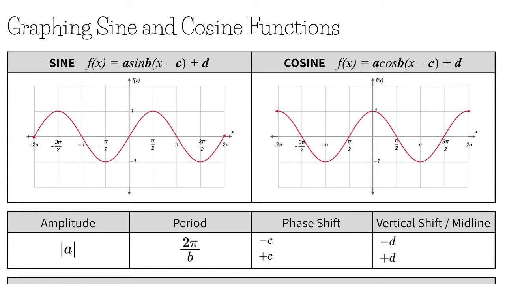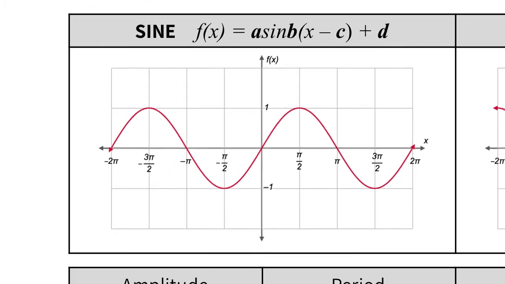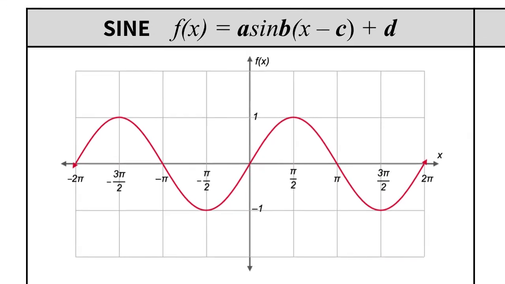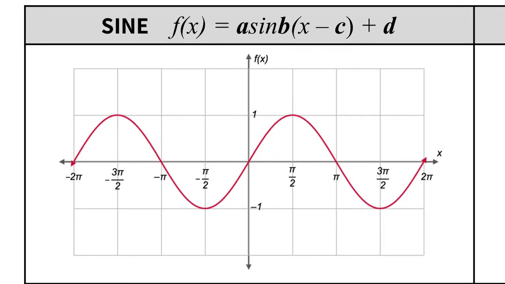So let's take a look at this first one. Let's look at sine. There's a few things that I want to point out. First off, from this relative maximum down to the midline, that would be determined by the number that's in the A spot. We call that amplitude.